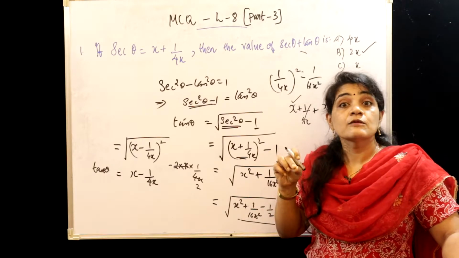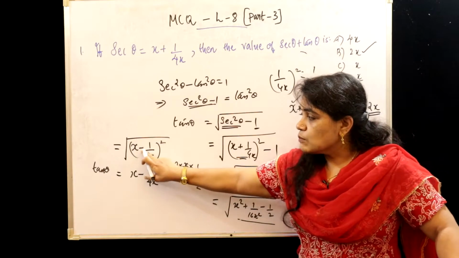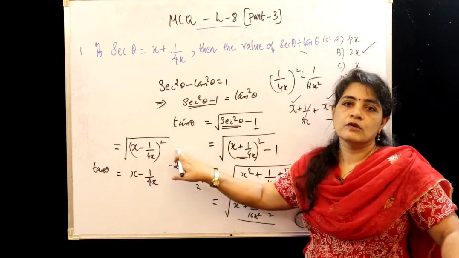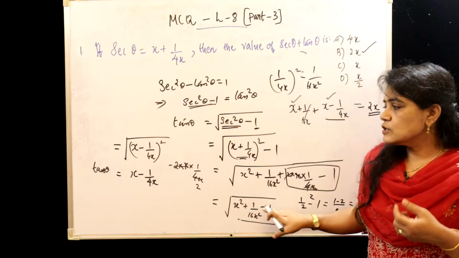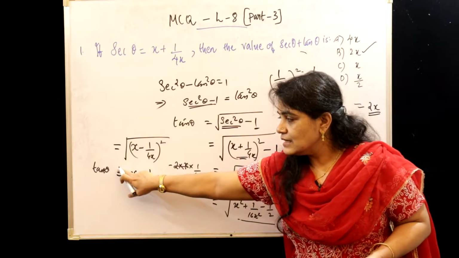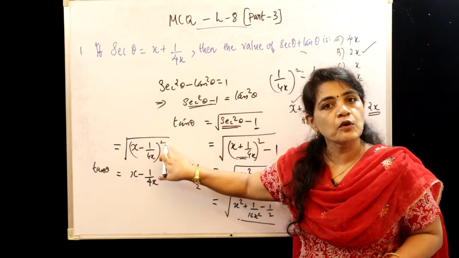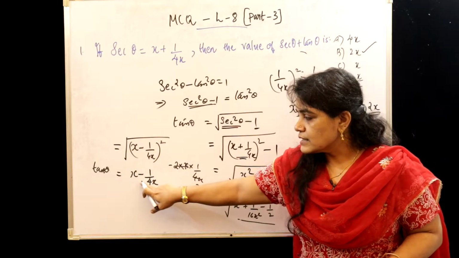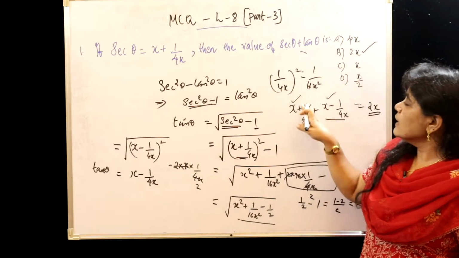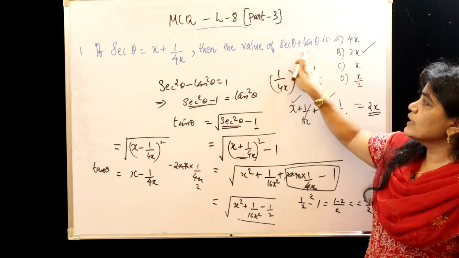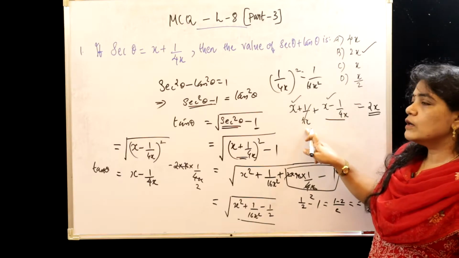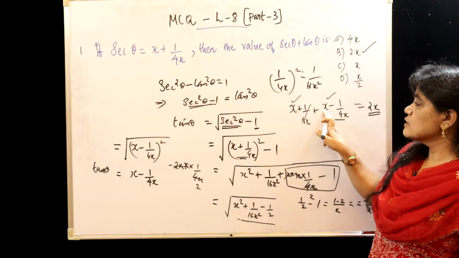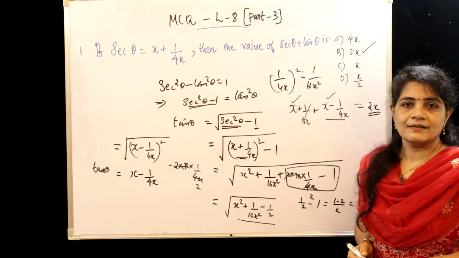That is why it is (x minus 1 by 4x) whole square. Hence you can get tan theta, the square root and square get cancelled, so x minus 1 by 4x. When you add these two to get sec theta plus tan theta, minus 1 by 4x and plus 1 by 4x get cancelled, and x plus x will be 2x.